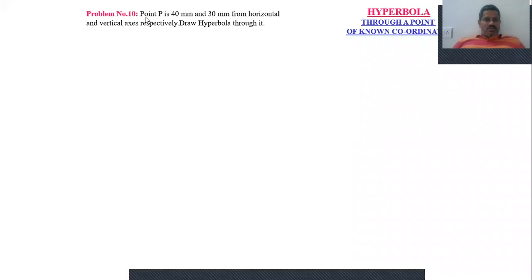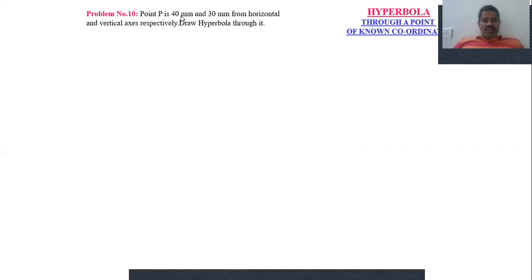Now I read out the problem here. Problem number 10. Point P is 40 mm and 30 mm on the horizontal and vertical axis respectively. Draw a hyperbola through this point. As I said just now, my intention is to draw a hyperbola through a point of known coordinates.